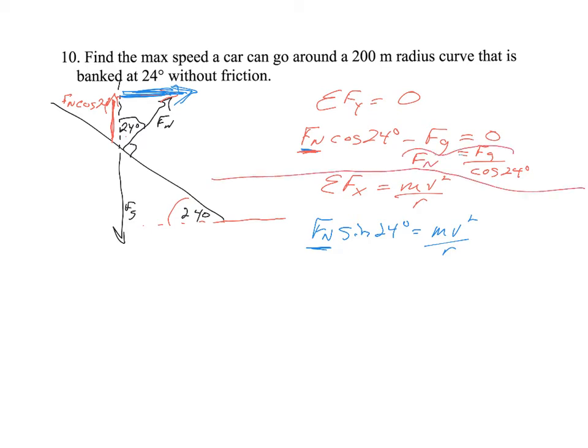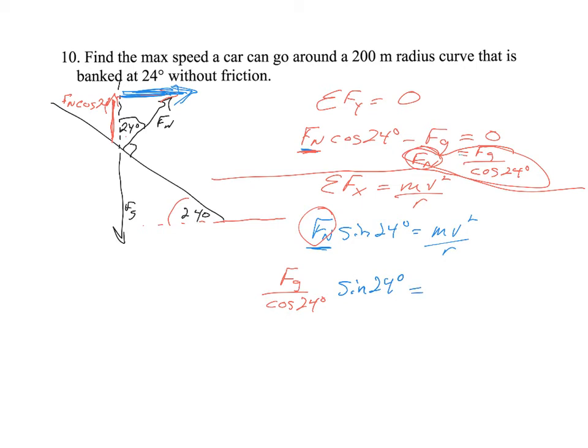Sorry about that. But I'm getting tired and these are a pain to start over. So everywhere I see force normal, which is right here, I'm going to replace it with force of gravity over the cosine of 24 degrees. Remember, there's still a sine here. I don't know why, sorry, my colors aren't matching up here.